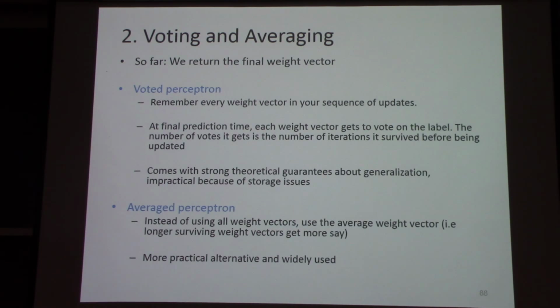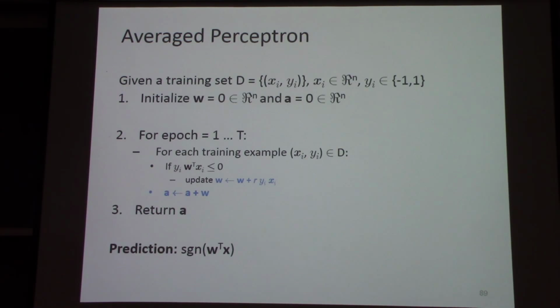This is very widely used, and just to write this down as an algorithm: if this step was not here, and this was W, this is exactly the batch perceptron that I had before.